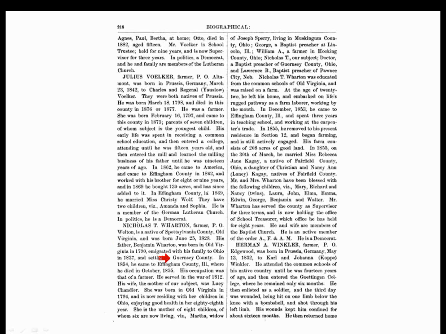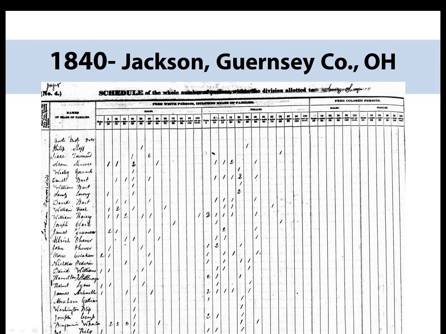So using this information, I tried to find them in the 1840 census. I came up with a few different options. Now, Wharton, I should mention, is a very popular name in Virginia, which is one of the reasons why I wanted to start in Ohio first and then move back to the Virginia area. So if we see this 1840 Guernsey County on the bottom here, there's a Benjamin Wharton.